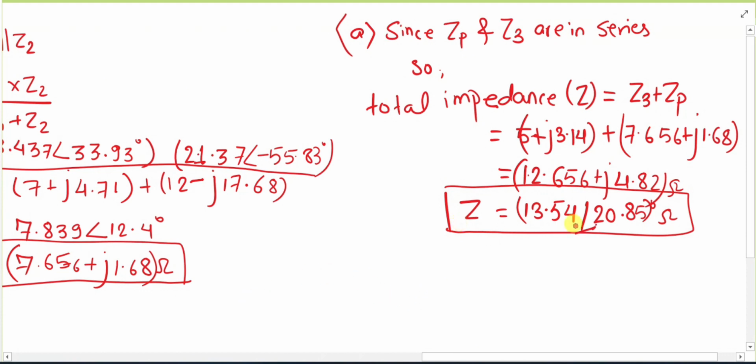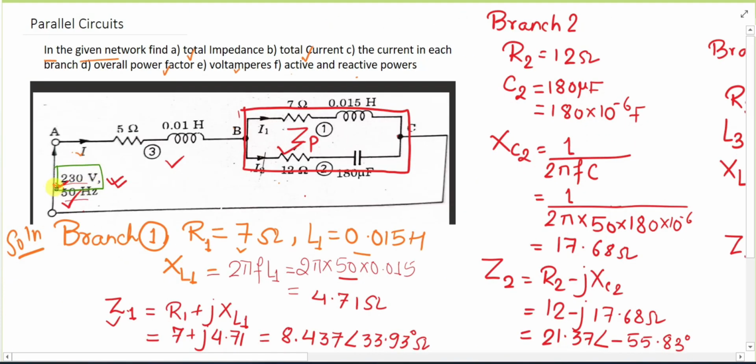After identifying the value, our next question was to identify the total current. So let's work out how to identify the total current. We are already provided with the voltage source.